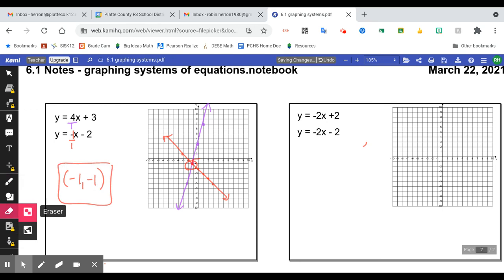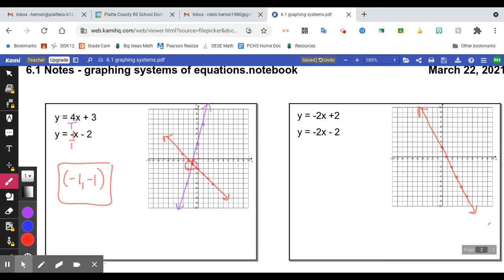Okay? Last two. Doing great. Here we go. y equals -2x plus 2. So +2, down 2, right 1, over and over. Here's my line. Okay?